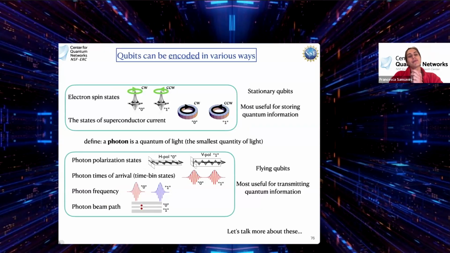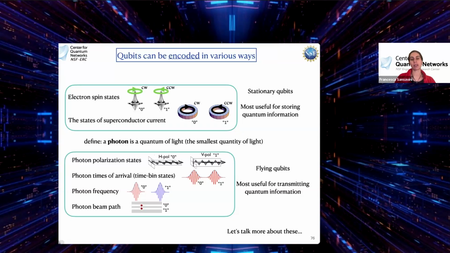So as for encoding, which is the answer to the first question, qubits can be encoded in many different ways, exactly as in classical communication, in classical information theory. We can use many different supports. We can use many different physical systems.